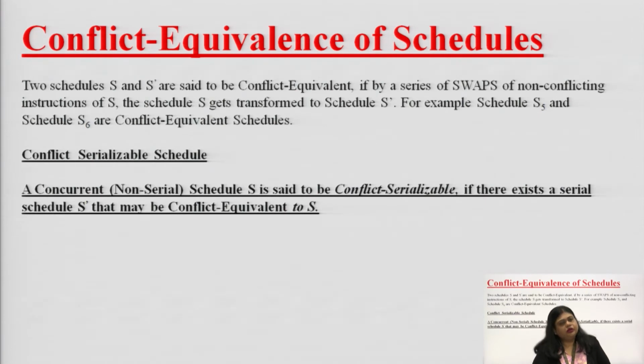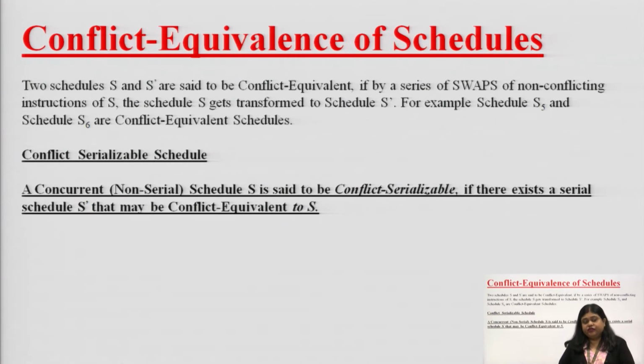Okay. Now, we have seen what conflicting instructions and non-conflicting instructions are. Now, to get a conflict equivalent of this schedule, what are we going to do? We are going to logically swap them. Two schedules S and S dash are said to be conflict equivalent.